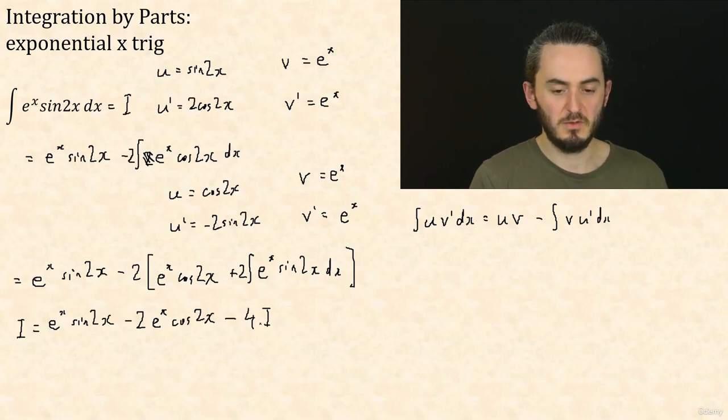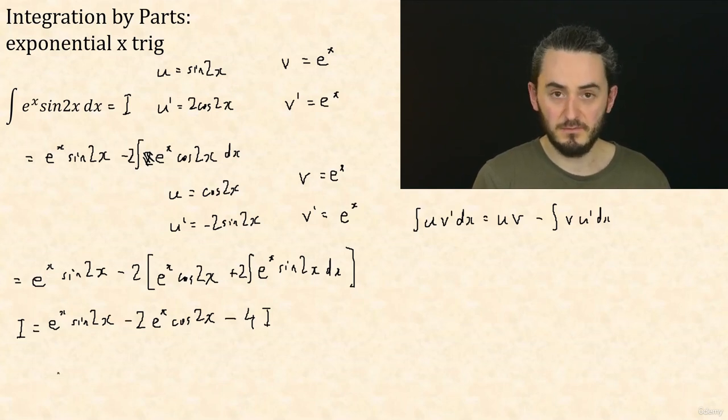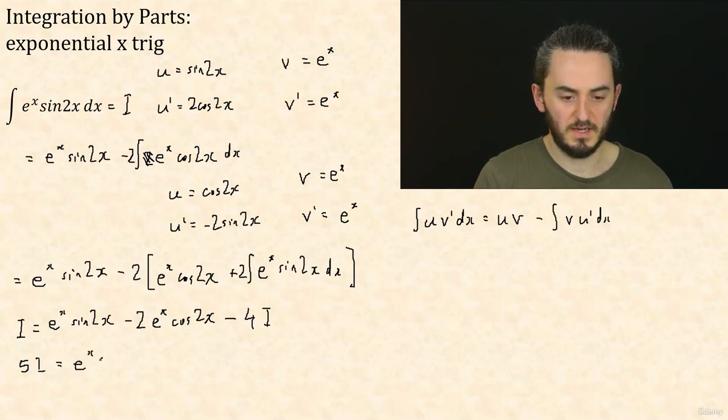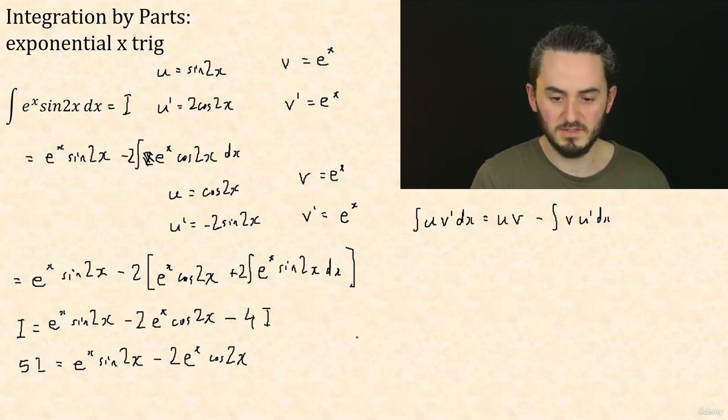Well, look, now that we've got I on both sides, I can just add 4I to both sides and solve. Adding 4I to both sides, I get 5I equals e to the x sine 2x minus 2e to the x cos 2x. Well, all I need to do to solve this is divide through by 5.